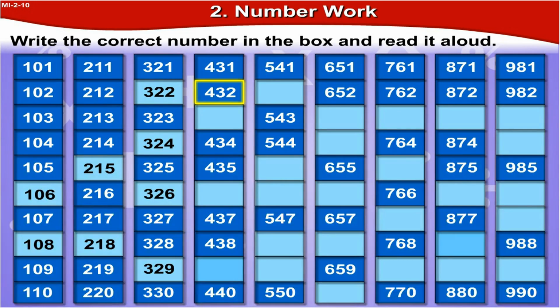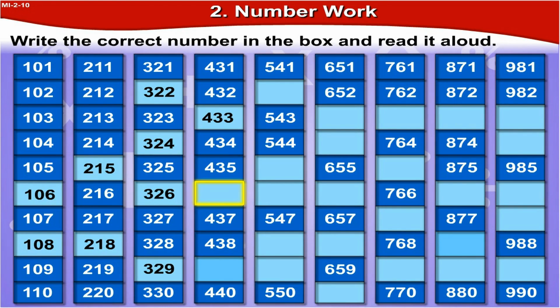431, 432, box. After 432, we have 433, that is 433, then 434, 435, there's another box.